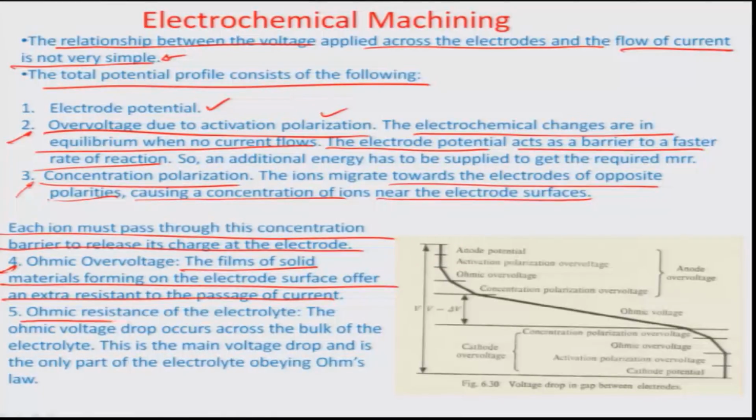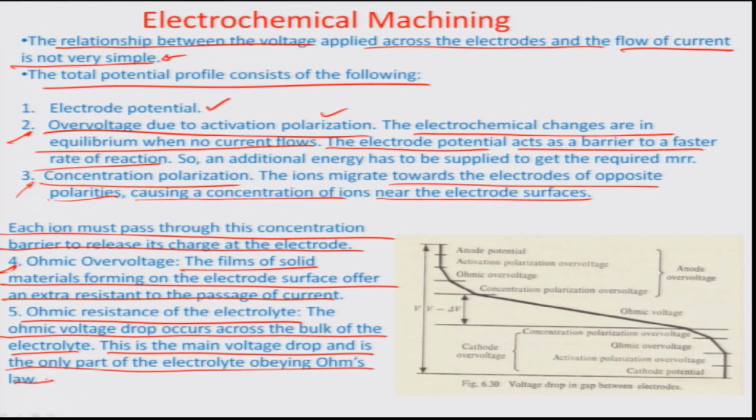So, there is some kind of ohmic resistance of the electrolyte, and it follows simple Ohm's law, but obviously the resistivity is too high, or the conductivity is too low from the solid to the solution. So, the ohmic voltage drop occurs across the bulk of the electrolyte. This is the main voltage drop and is only part of the electrolyte obeying Ohm's law.